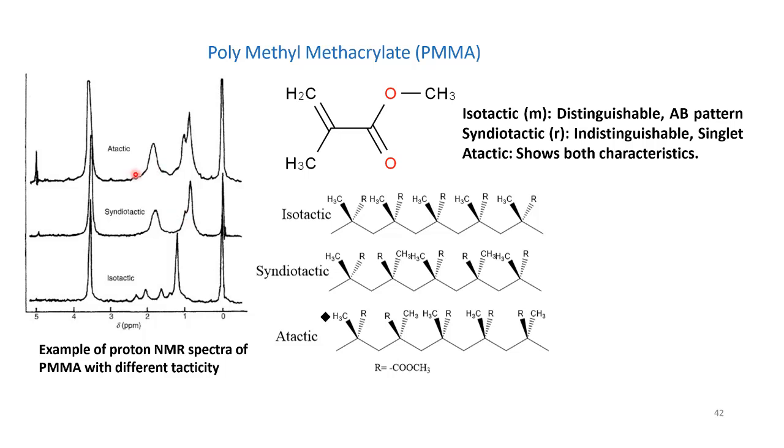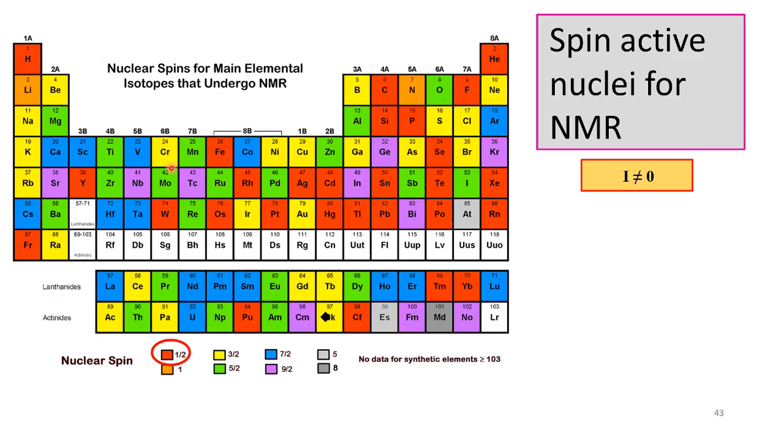And for atactic, it shows both characteristics, both singlet peaks and other distinguished peaks, because it is a mixture of both. Likewise, with the help of NMR we can observe whether it is isotactic, syndiotactic, or atactic. That information we can also get from NMR.